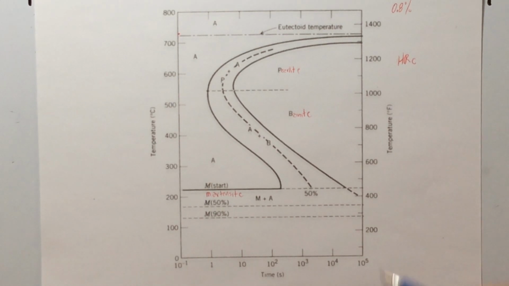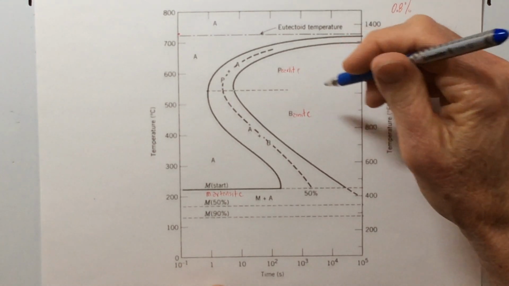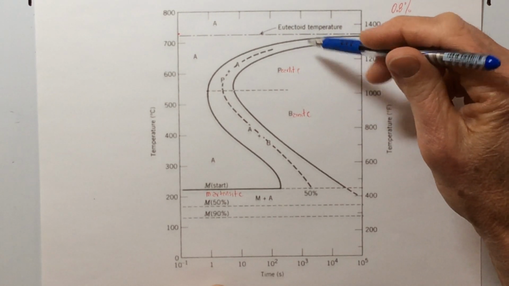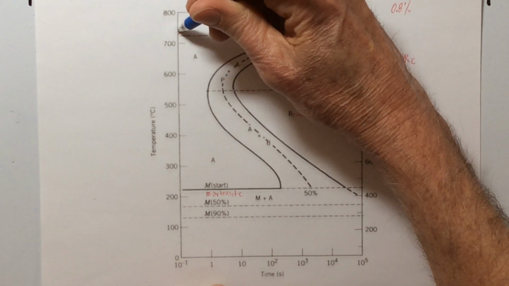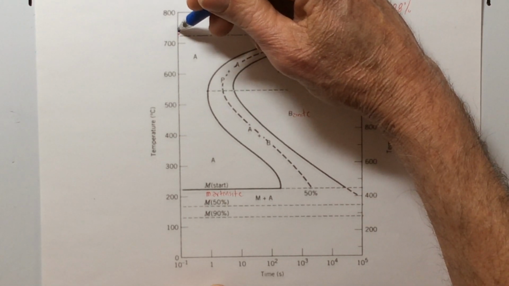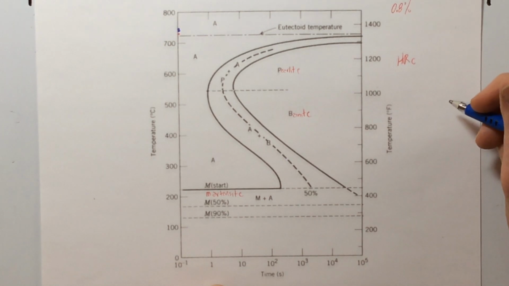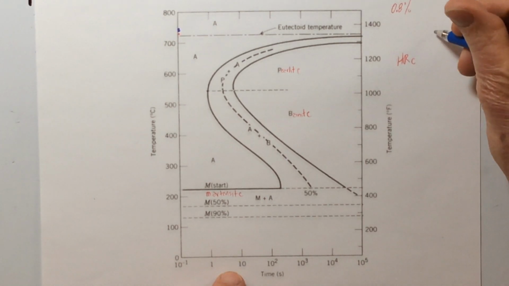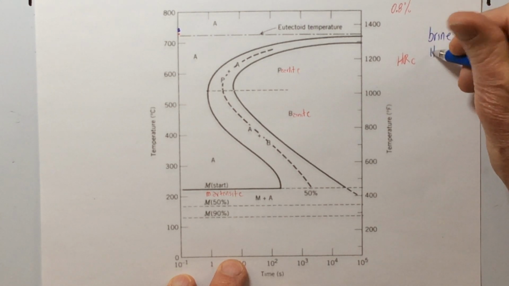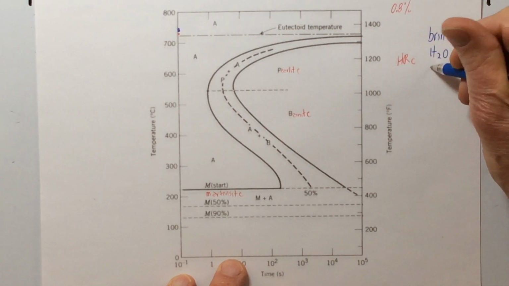Since this is eutectoid, we know its eutectoid temperature is 1333, so plus 50 degrees, roughly 1350 or 1380, something like that, would work. So we're talking about starting up here. Now, the three quenching mediums are, in order of severity, brine, and then water, and then oil.